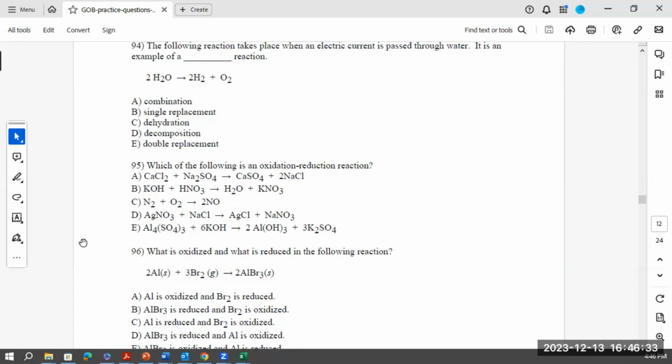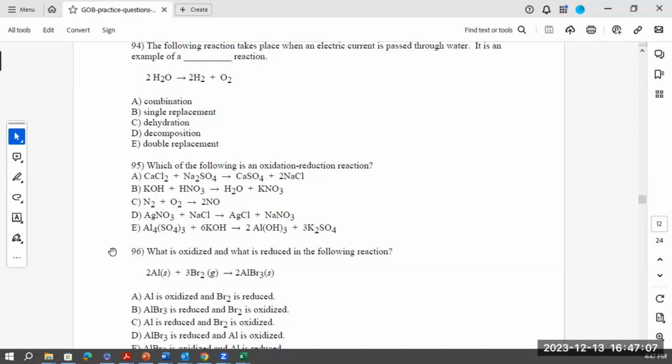So are you sure? So you're saying it's being oxidized because you're adding the oxygen to it, right? Yep. Okay. So that's another way of looking at it. That is definitely true. No, that's correct. You're correct. So that would be the correct answer.